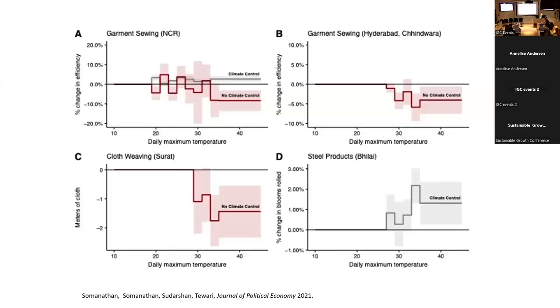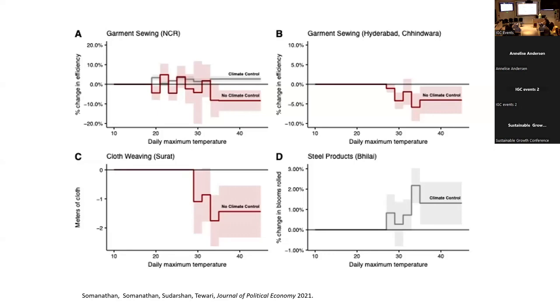So that's the top two panels, A and B, garment plants. And what you see here, the data was collected at the daily frequency. We got the data from the firm that owns these plants.